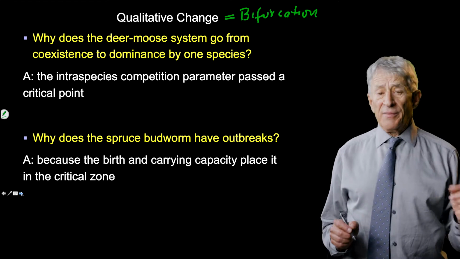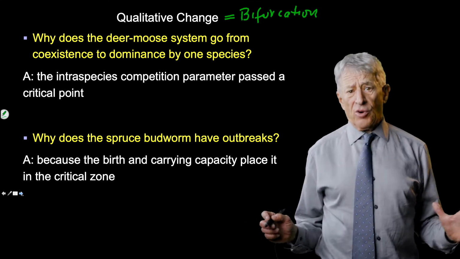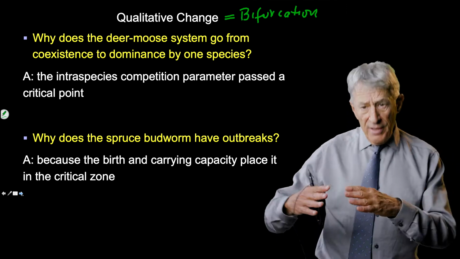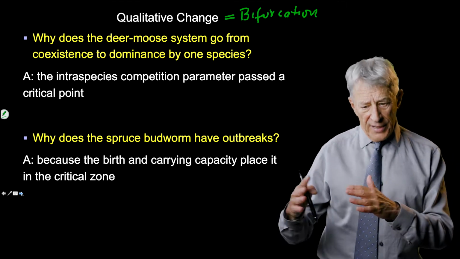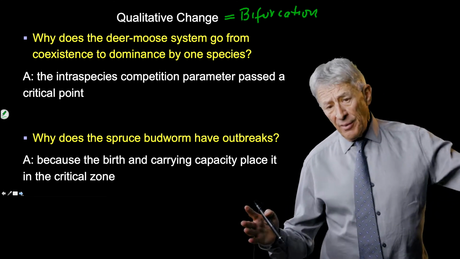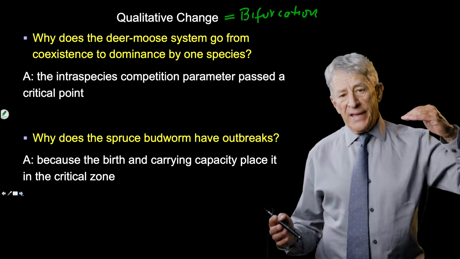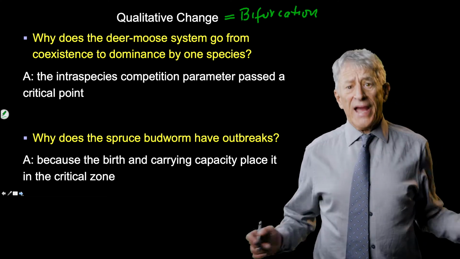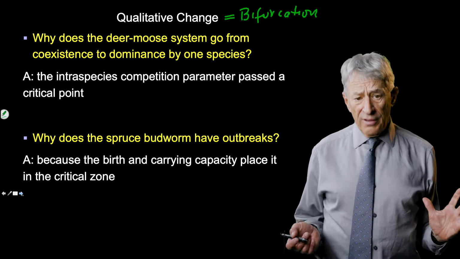We saw another example of qualitative change in the spruce budworm model. The spruce budworm sat at a low population. Then when there was a little bit more carrying capacity, a little bit more leaf space, the birth rate went up a little bit. All of a sudden, you had a qualitative change to a new equilibrium point, which was the outbreak equilibrium point.